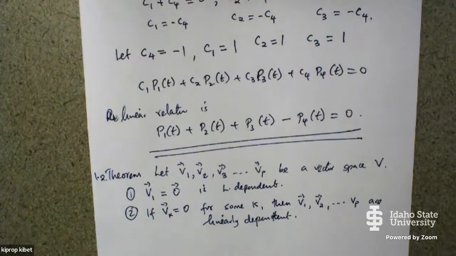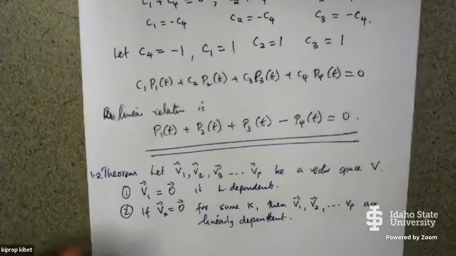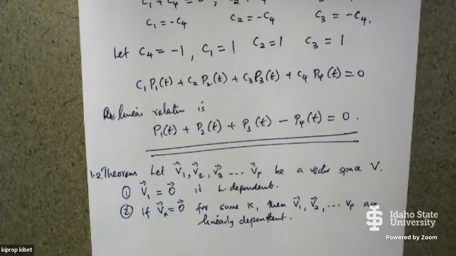Now, if one of the vectors is 0, say k is 1 and it is the zero vector, then from last time we said that if we have one vector that is 0 and the others are not zeros, the whole set will be linearly dependent.